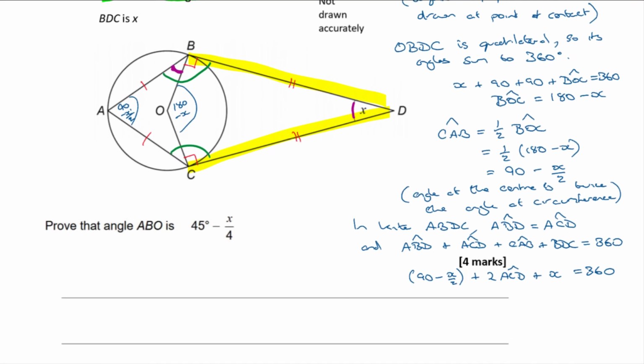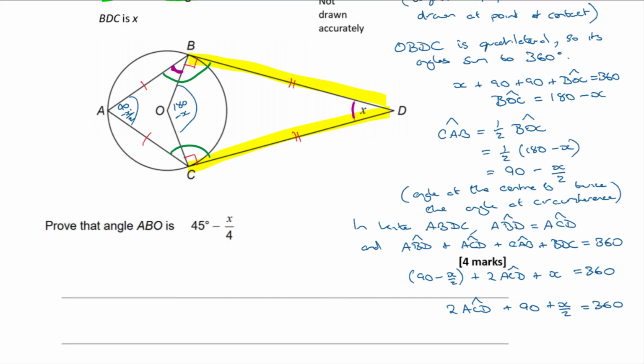So what now? I've got 90 minus X over 2 plus X, so that's going to be 2ACD plus 90, because minus X over 2 plus X is just plus X over 2, and that's equal to 360.